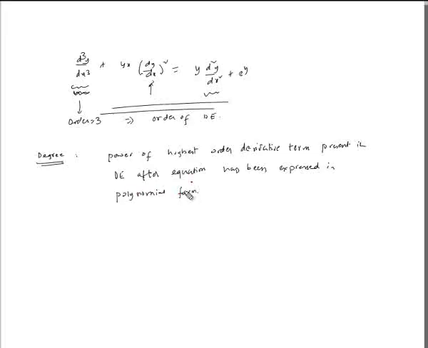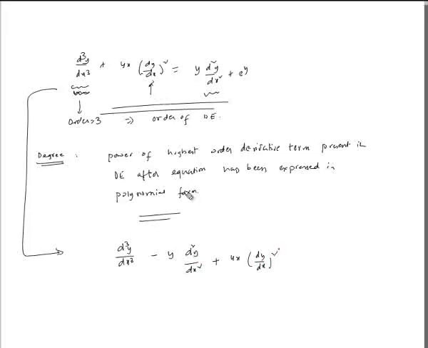After you express the equation in polynomial form, let's take this very example. So let me explain polynomial form. This is the third order term. Now let's put the second order term first, and then the first order term, and then the other terms.